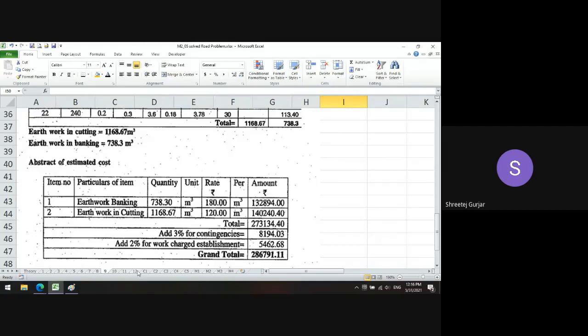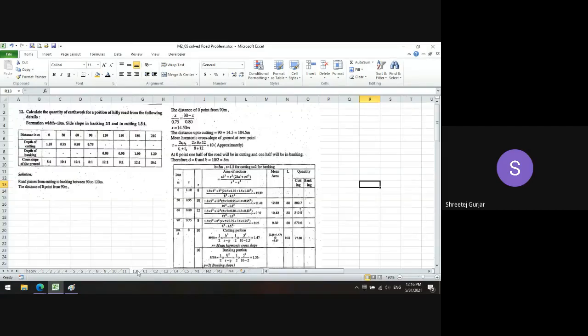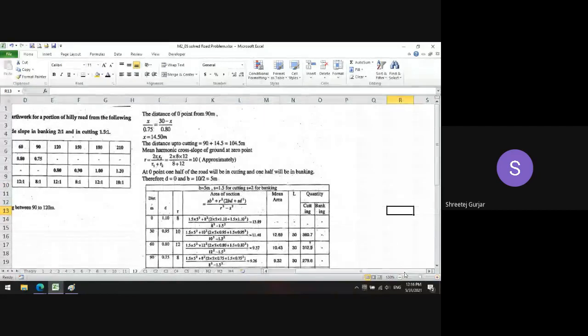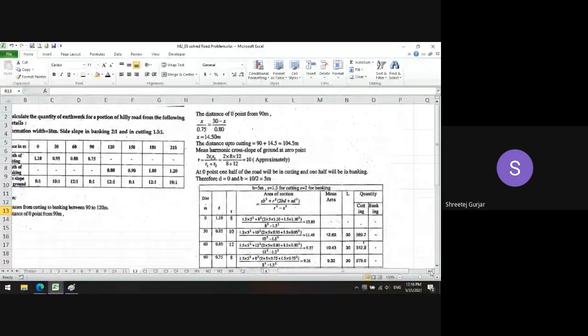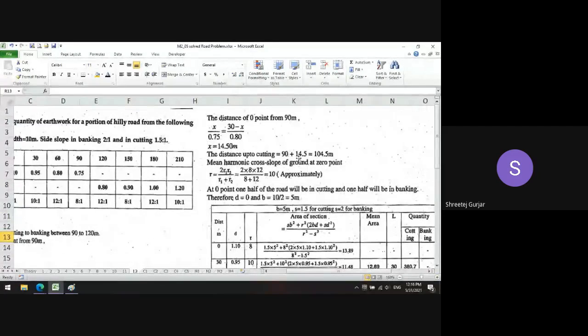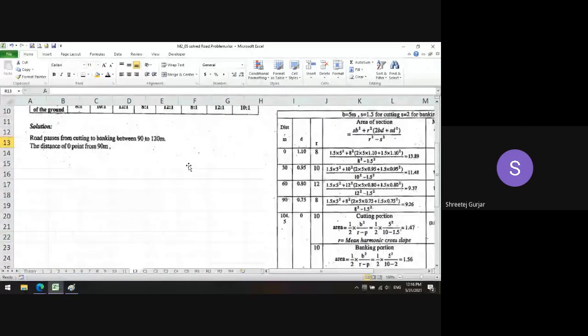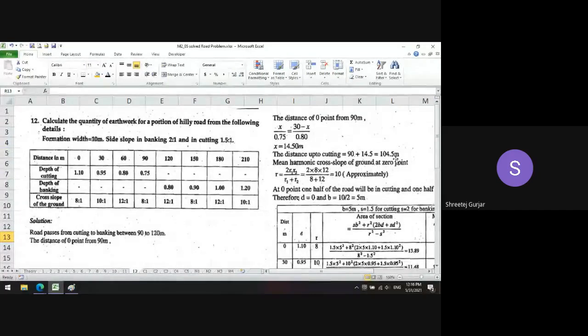Now moving on to your last numerical. We'll try to solve this in a different class if we get time, because this is a very complicated one, wherein you can see we are doing harmonic cross slope, r1 r2 divided by r1 plus r2, and going into algebraic calculations. This kind of numerical will usually not be asked in your exam.